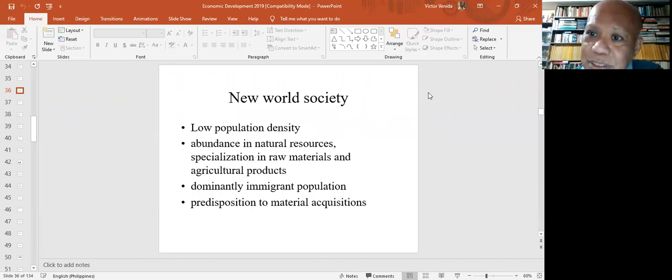Material acquisitions involve not just the purchase of household items and household furnishings, clothing, consumption items, but also what you might call home investment items, such as the purchase of land, one's own house, farms, and also the purchase of financial assets.